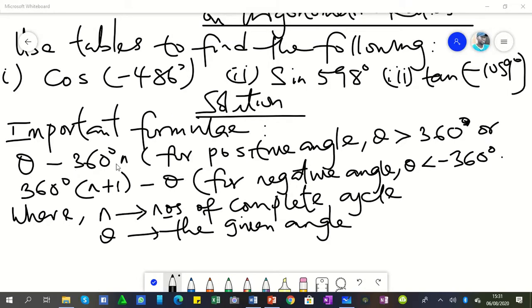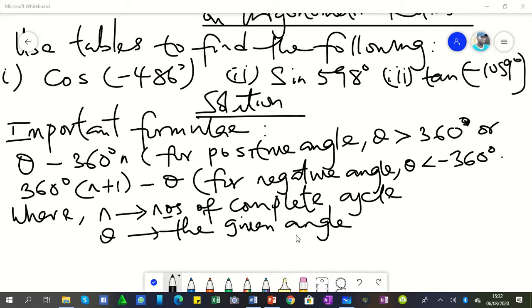The first formula is theta minus 360 degrees n for positive angle theta greater than 360 degrees, and the second formula is 360 degrees times n plus 1, minus theta, for negative angle theta less than minus 360 degrees, where n is the number of complete circles and theta, of course, is the angle we have been provided with, the given angle.